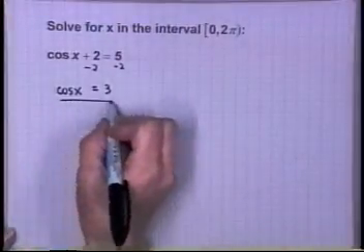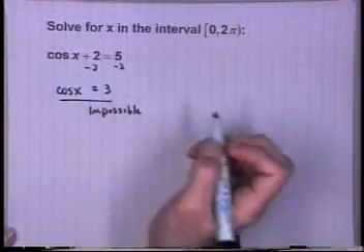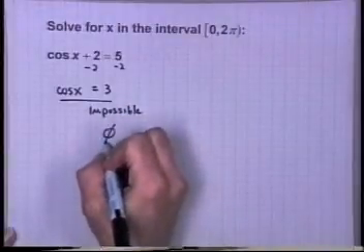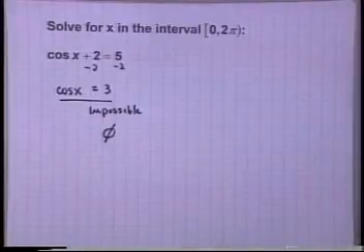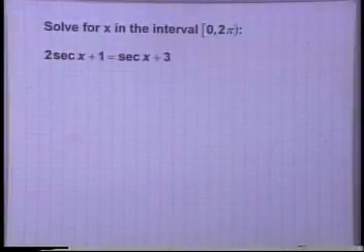You should recognize that this is impossible. Cosine values must be between 1 and -1. So if this is impossible, we have no solution, and we can just go on to the next equation. Well, that one was easy enough, wasn't it? They're not all quite that simple.